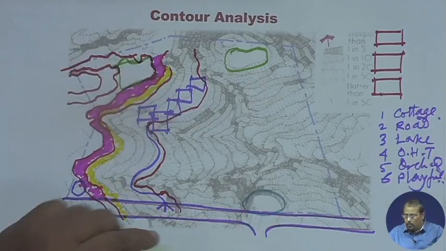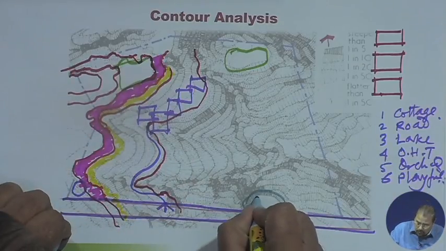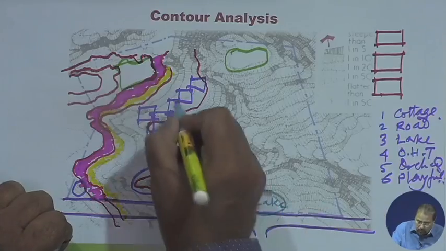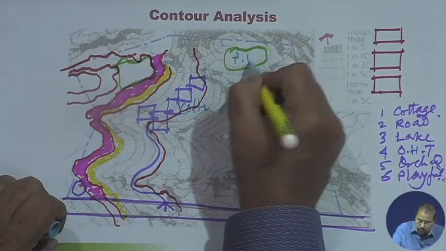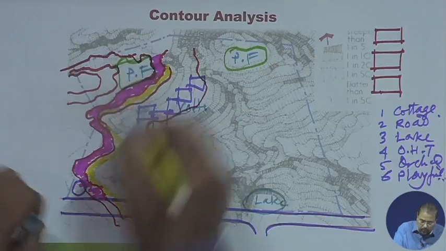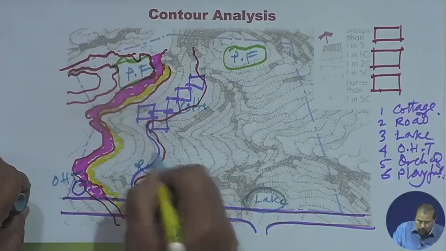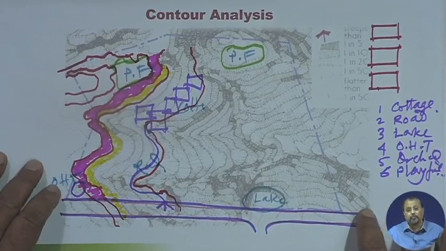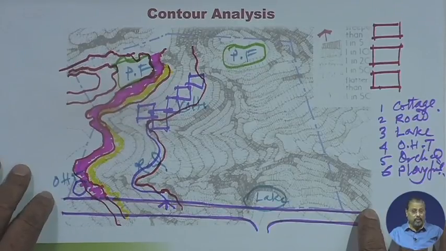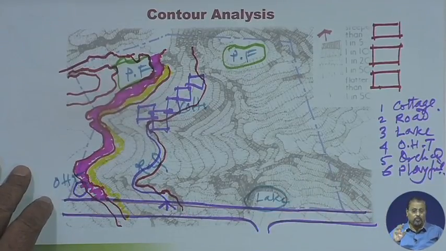This is the lake. So now let me write it down in terms of these 6 functions that I have thought. This is lake, this is cottage, this is playfield, overhead tank, and the road. This is how you have done. Once you have done this, if you want to take any decision in terms of design criteria, then list them in that same template of the contour analysis.